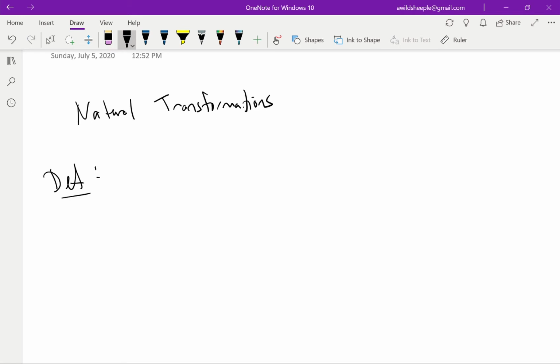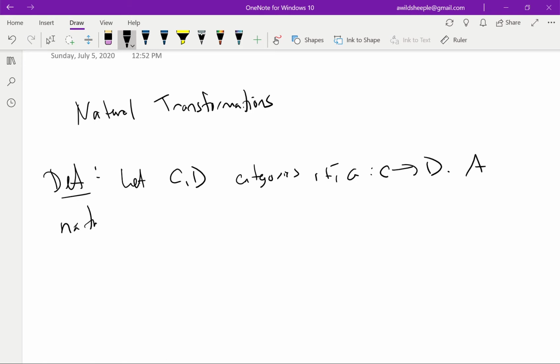So a natural transformation is defined in the case when you have C and D, two categories, and you have a pair of functors between them. And a natural transformation consists of the following data. We'll call our natural transformation, say, theta. And because it's a sort of de facto morphism of functors, express it like so.